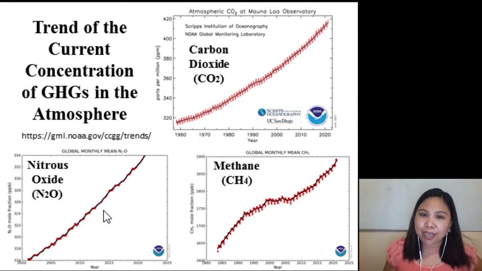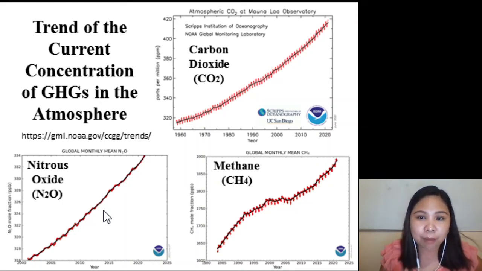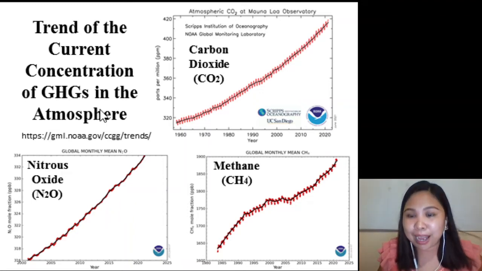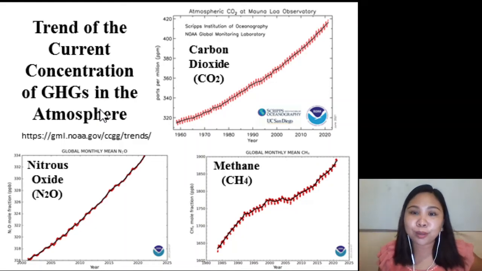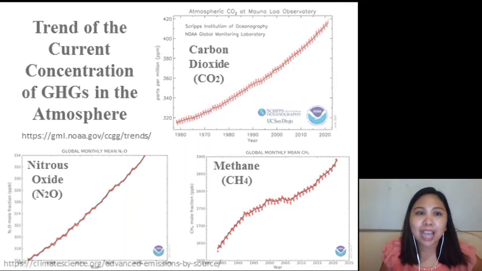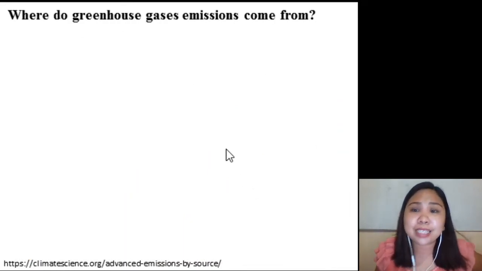So, ibig sabihin, kapag wala tayong ginawa about this, for the next 10 years, tataas ng tataas pa ang greenhouse gases. And remember that too much greenhouse gas in the atmosphere is equivalent to too much heat in our planet Earth.